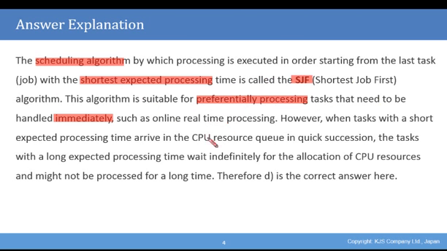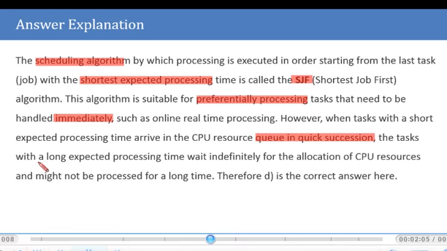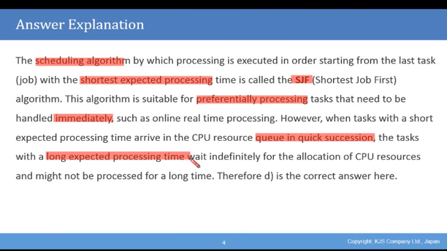However, when tasks with short expected processing time arrive at the CPU resource queue in quick succession, the tasks with long expected processing time wait indefinitely for CPU allocation of resources and might not be processed for a long time. Therefore, D is the correct answer here, and we have been describing in the question the SJF algorithm.